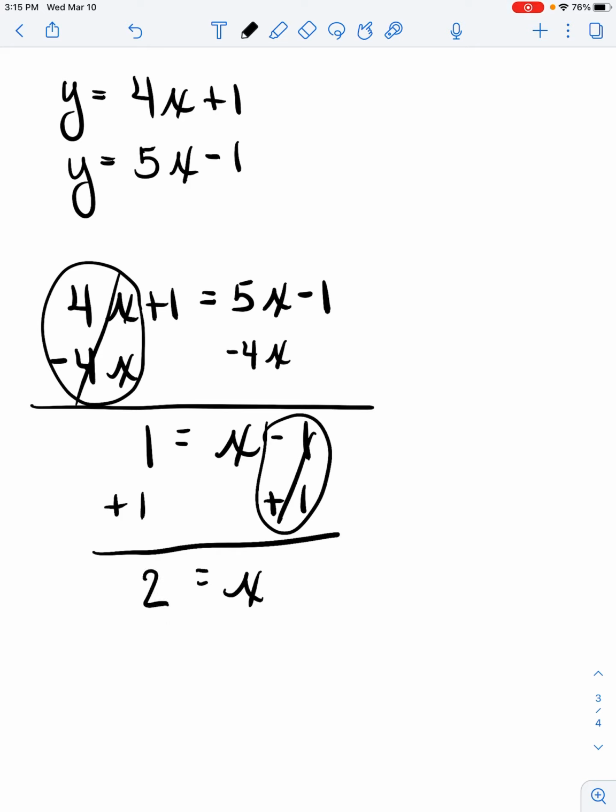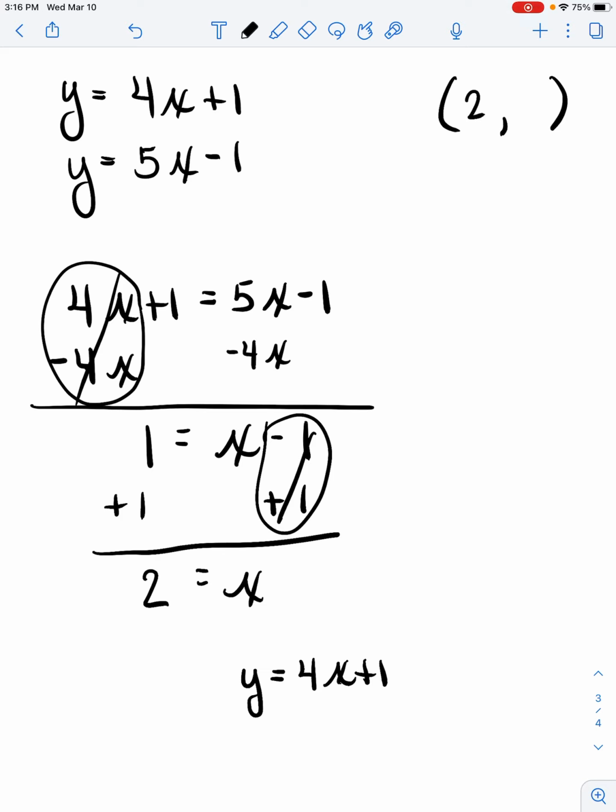Okay, so now let's go back. I know that x is equal to 2 now. The question is, what is y? Well, in order to do that, I can substitute 2 for x in either one of these. I like addition. I think it's easier. So let's do y equals 4x plus 1.